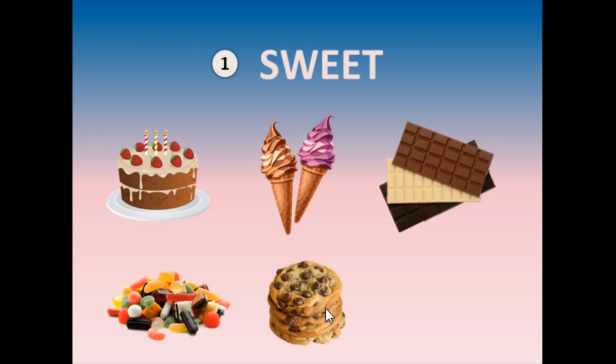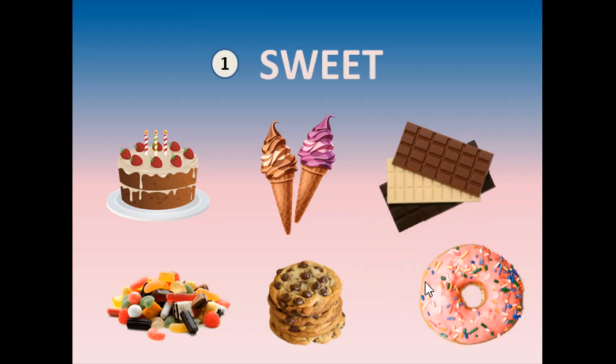Cookies are sweet. Donuts are sweet. These foods are common examples of sweet foods.